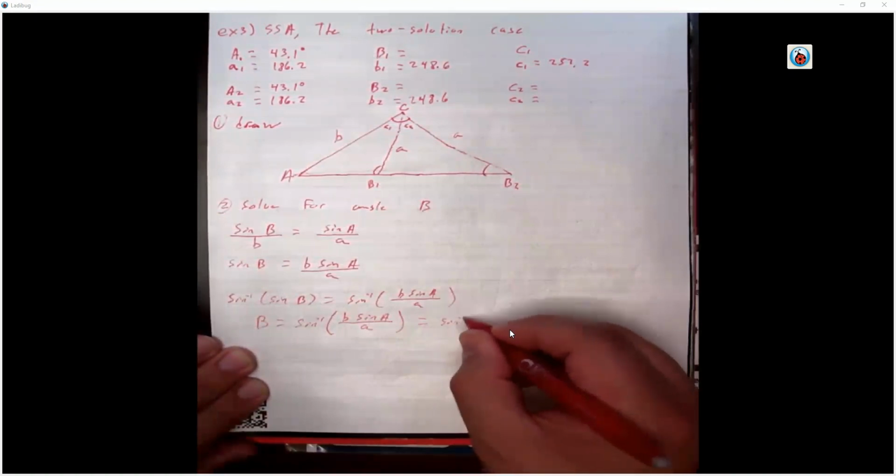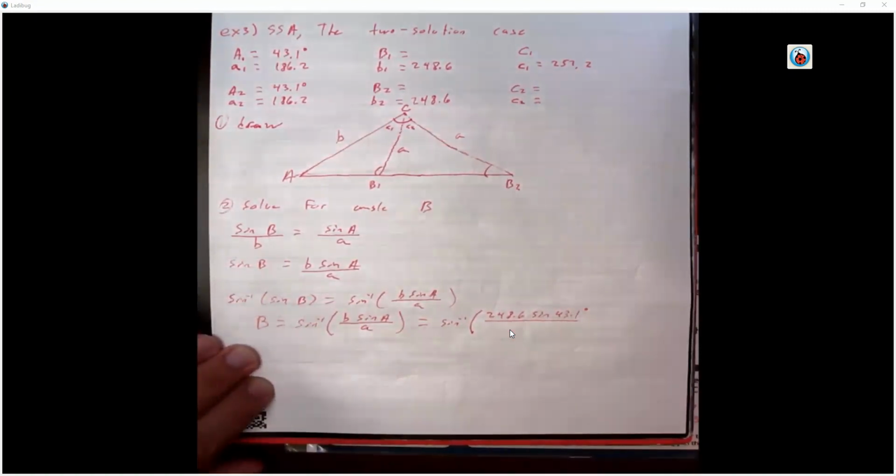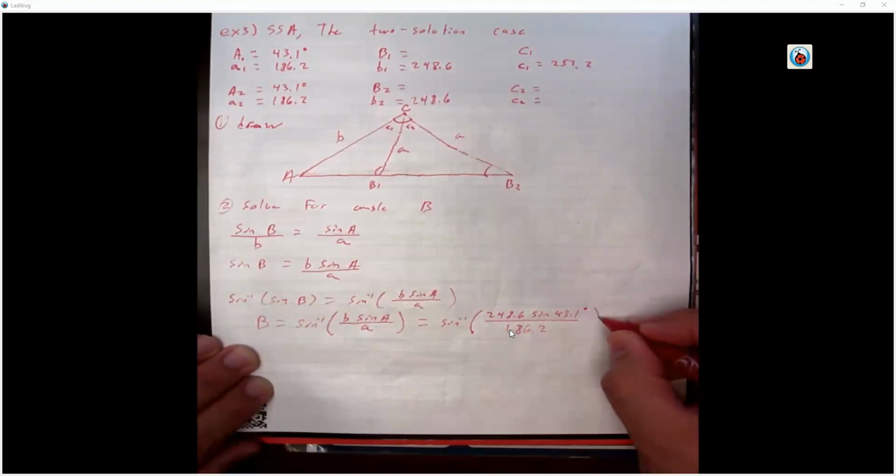So sine inverse of 248.6 sine of 43.1 over a, which is 186.2. I highly doubt this will be a pretty number. It's going to be a decimal.